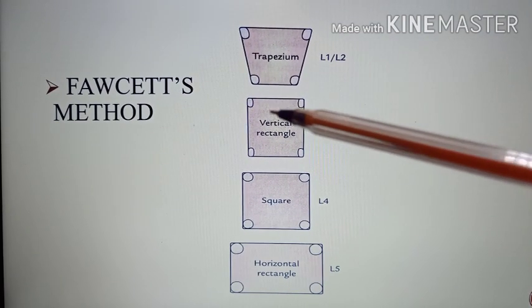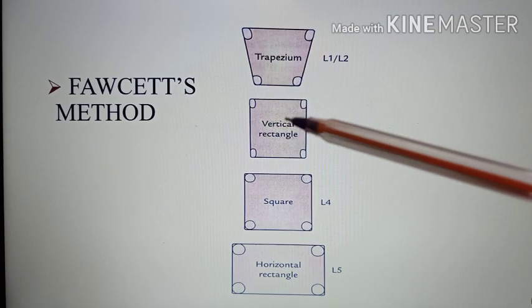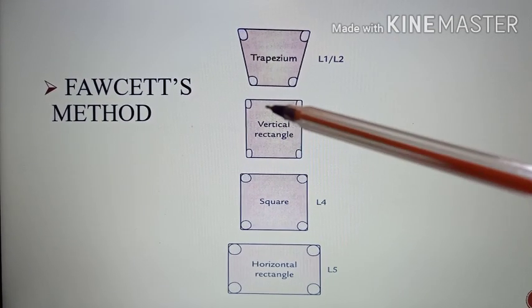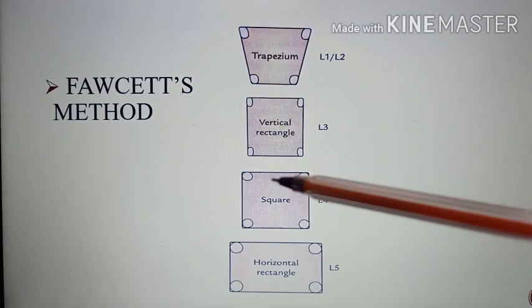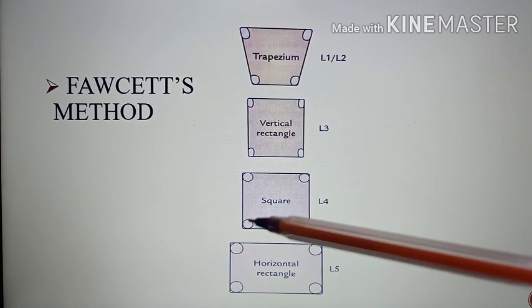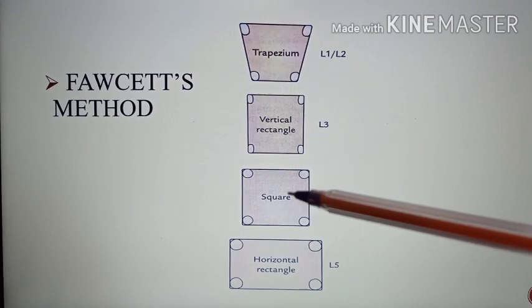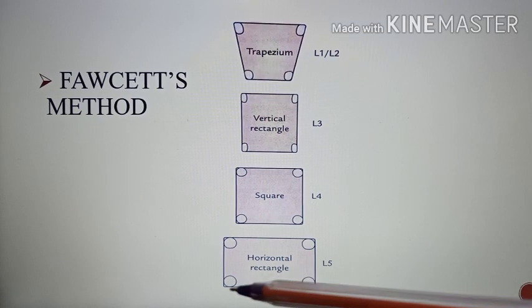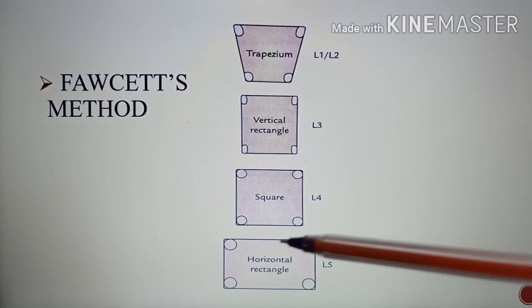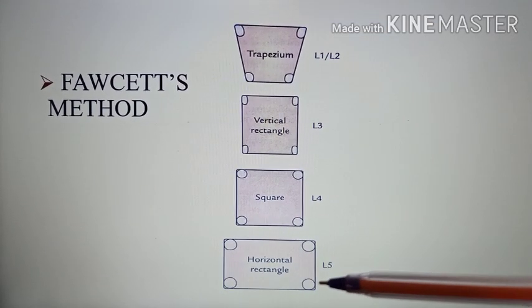It is a rectangle with long vertical lines in the third lumbar vertebra. Then the shape is square in the fourth lumbar vertebra. Then it is a rectangle with long horizontal lines in the fifth lumbar vertebra.